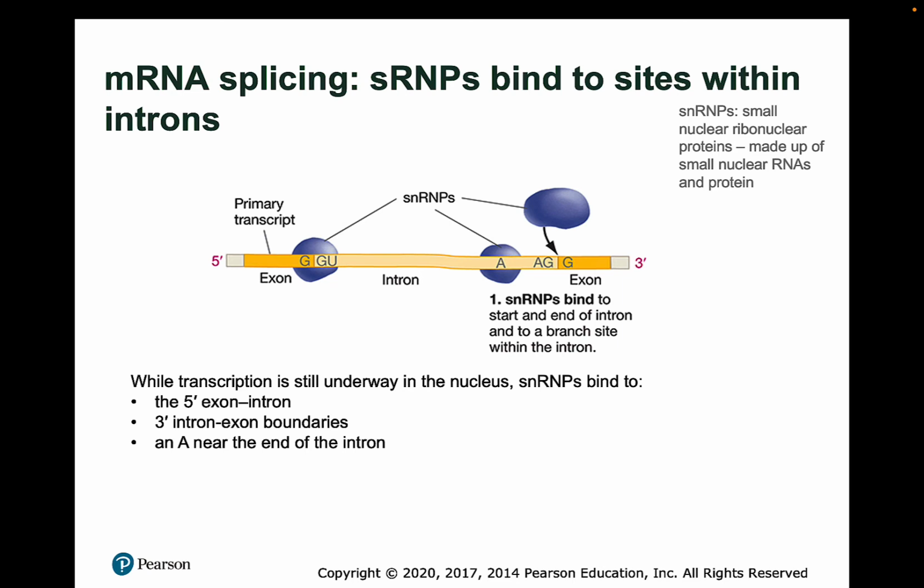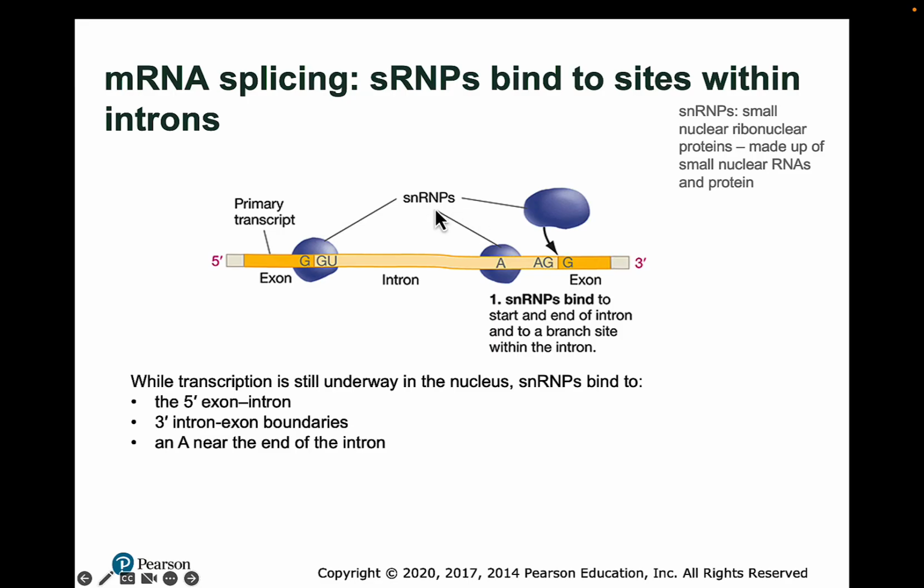So we're going to describe the process by which the cell splices the mRNA into a mature transcript. So the first thing that happens is that these complexes called SNRPs, which I think is an adorable name, bind to the intron region of a gene.